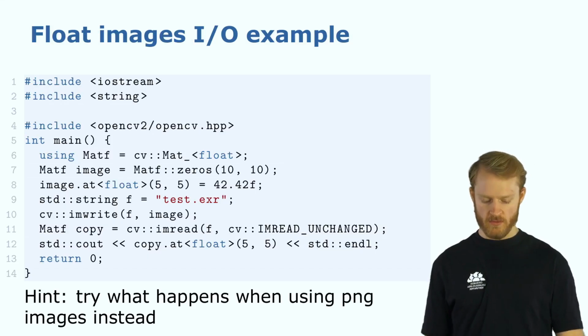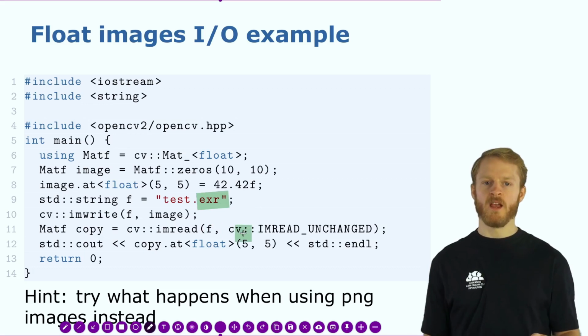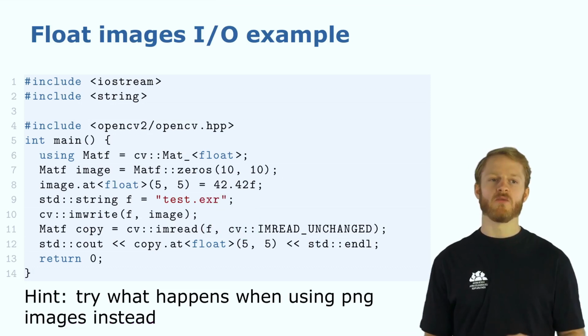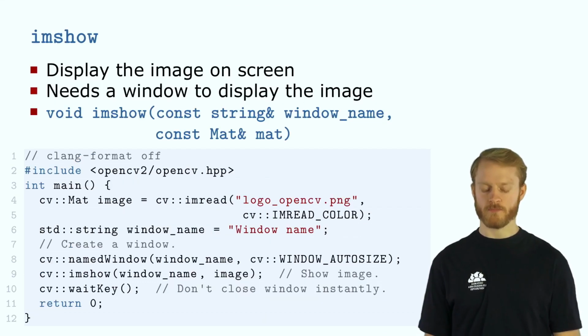If you run this and you try with PNG instead of EXR, you will see that when you load the image, you are actually getting something different because you are losing precision. So you should try this example, but it's only when you're working with float images or float matrices.